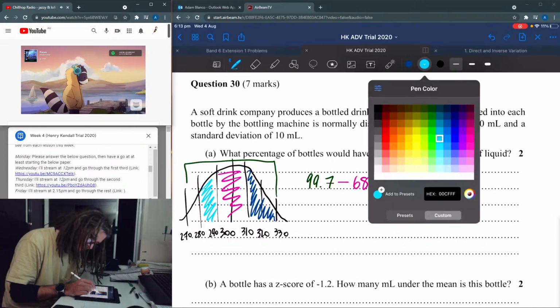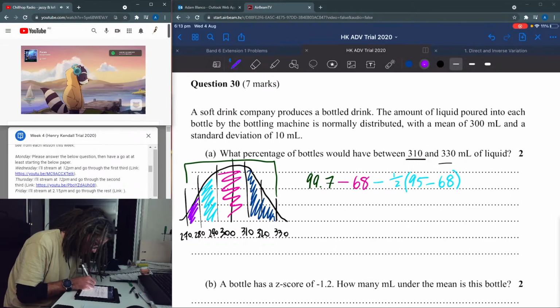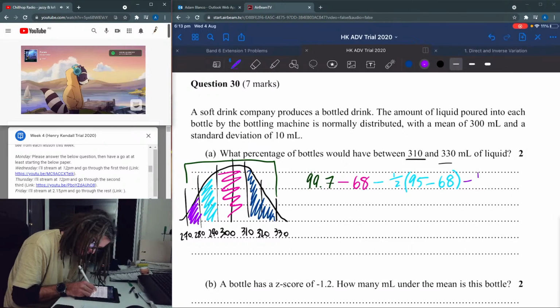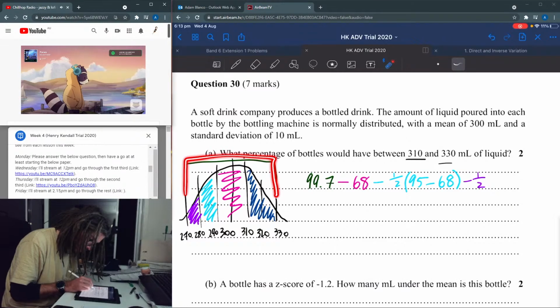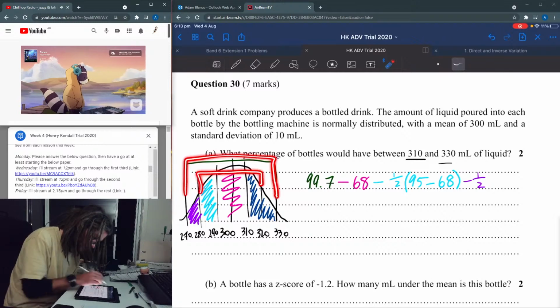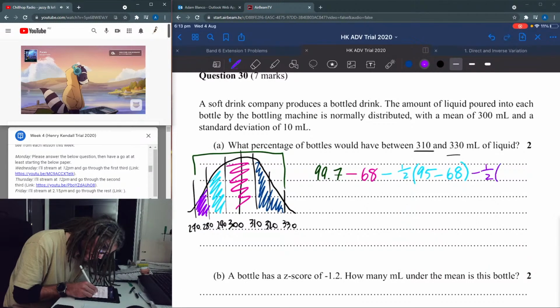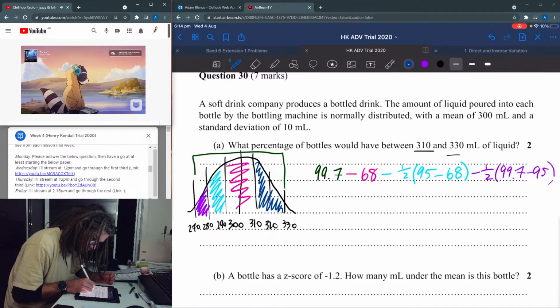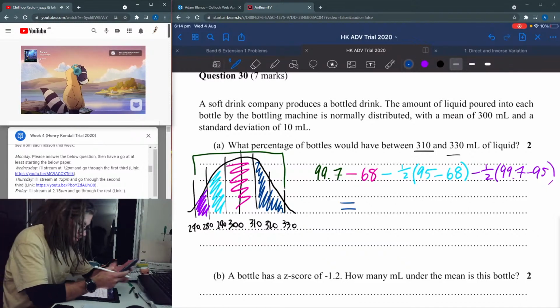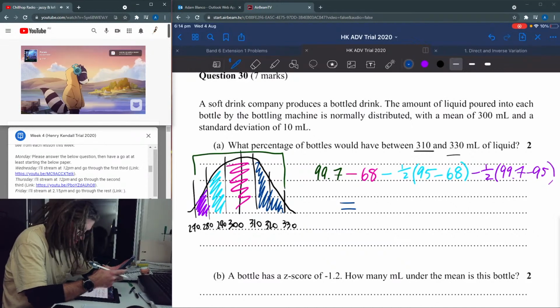Okay. And then let's use purple. This part is going to be half of. This whole thing is 99.7 minus this 95. So 99.7 minus 95. Wow. Okay, that should give me the blue part. So the blue part equals 68. I'm sure there's an easier way of doing that. It has to be.